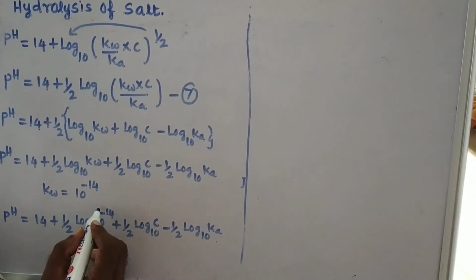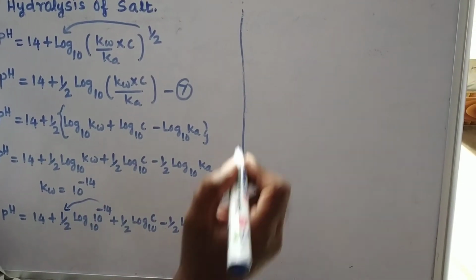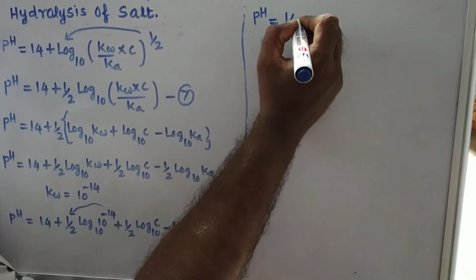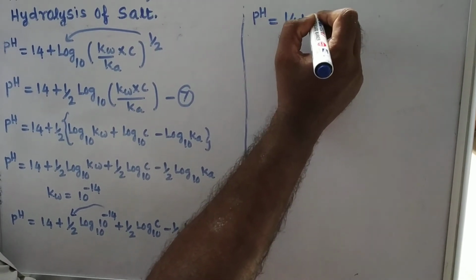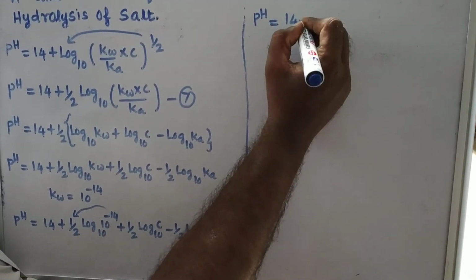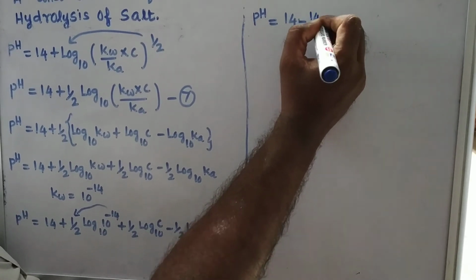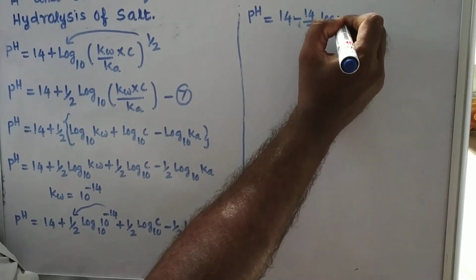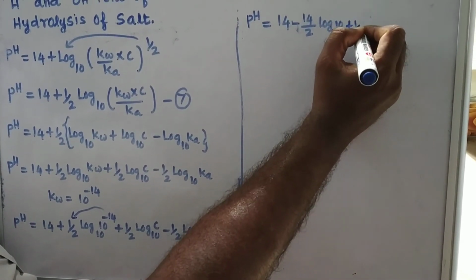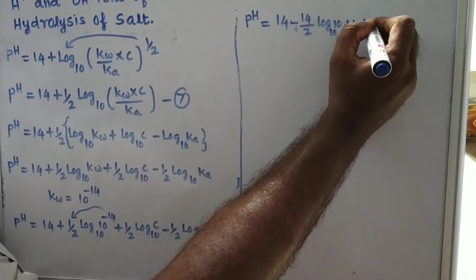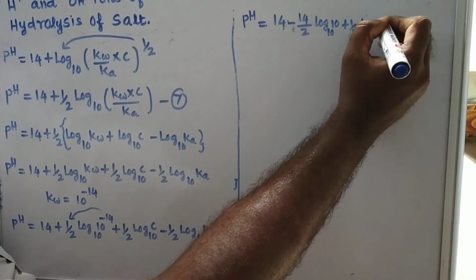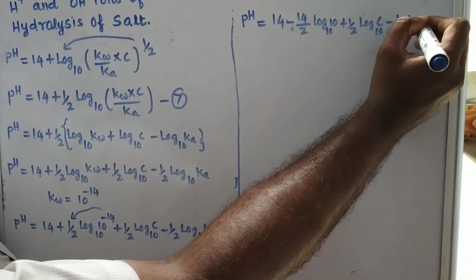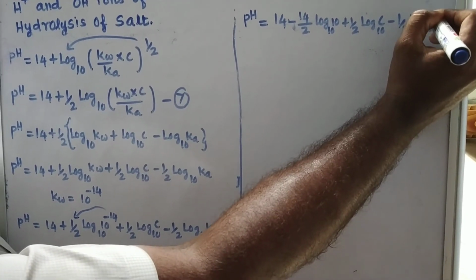Now the equation becomes pH equal to 14 plus minus 14 by 2 log 10 power 10 plus 1 by 2 log base 10 C minus 1 by 2 log base 10 Ka.